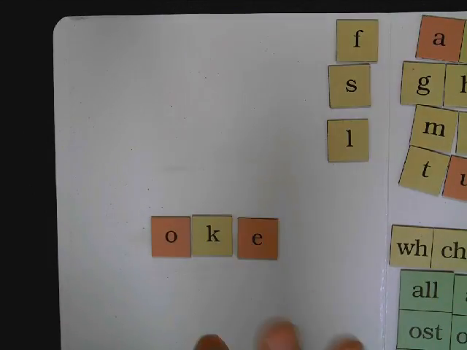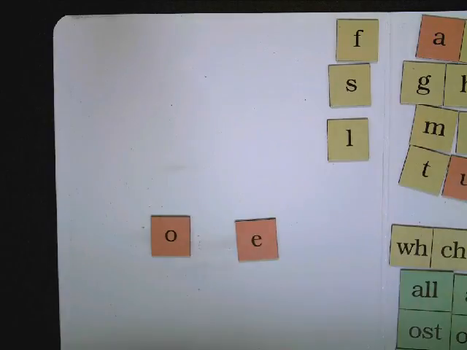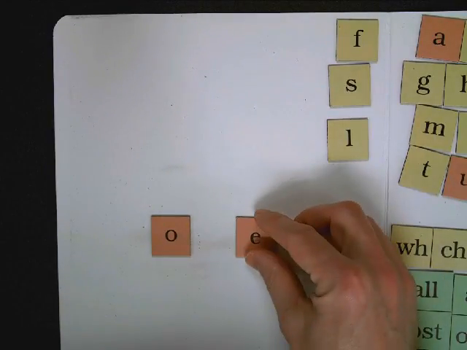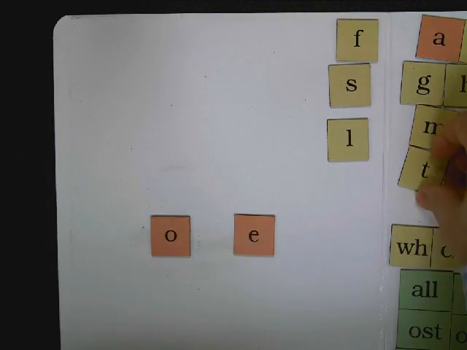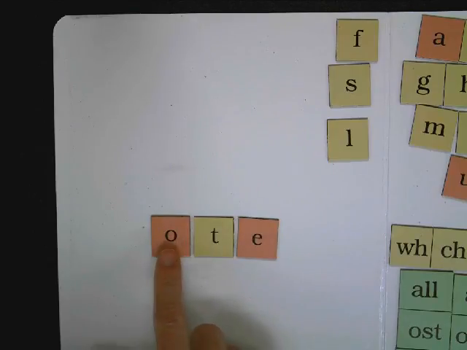Let's tap it. O-K. 2 sounds, 3 letters. Swap that K out. Go ahead and grab a T. Oat. Oat. So that O and the E make that O say O when you see it at the end of a word.